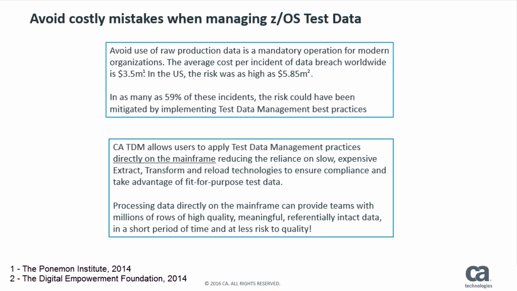In the US, the risk was higher at 5.85 million, as discovered and documented by Ponemon Institute in 2014. And in nearly 60%, 59% of these incidents, the risk could have been mitigated by implementing test data management best practices.